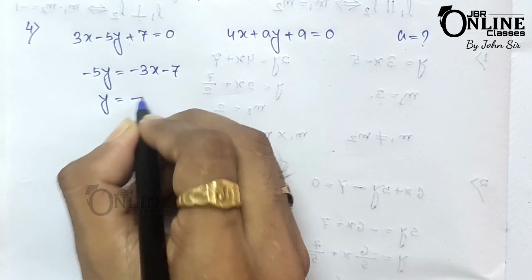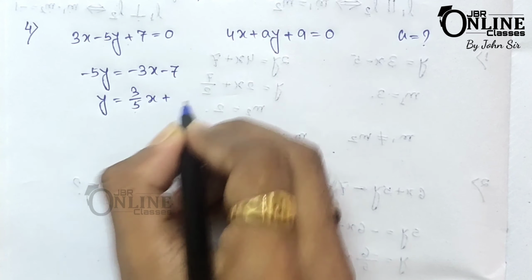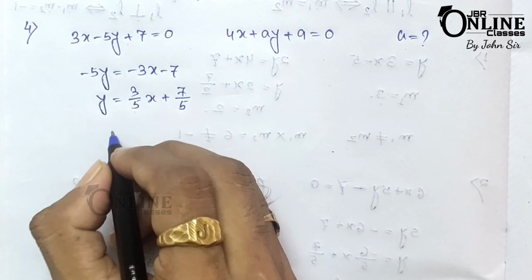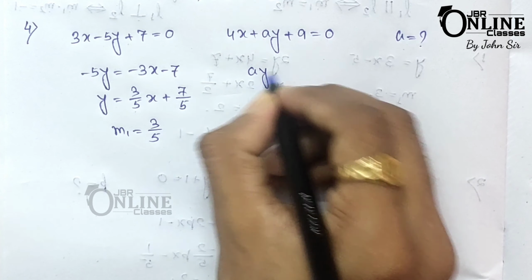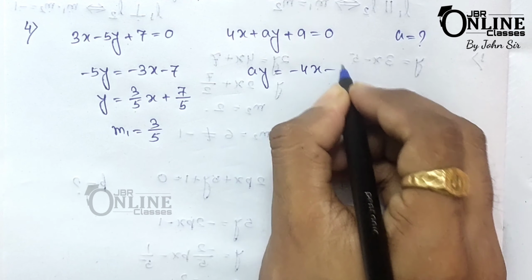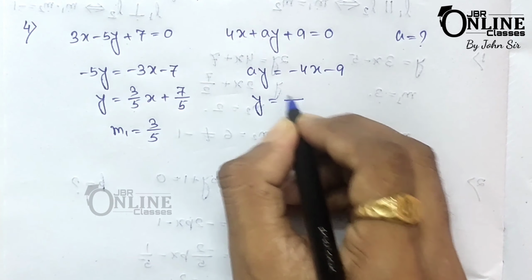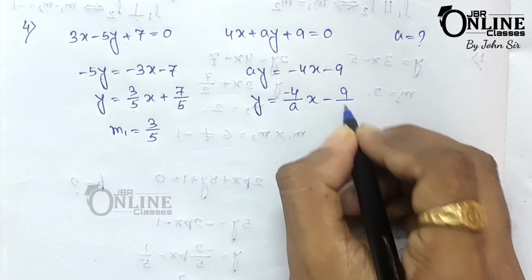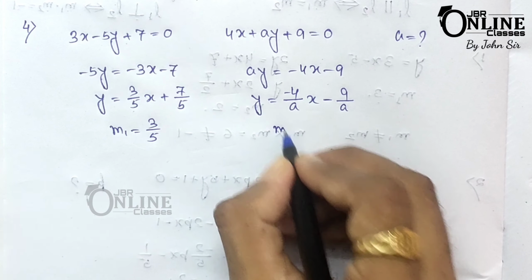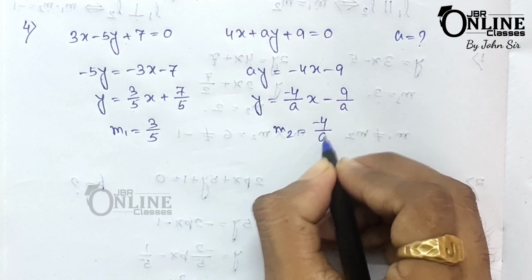So y equal to 3 by 5 x plus 7 by 5. So here m1 equal to 3 by 5, and here ay equal to minus 4x minus 9. So y equal to minus 4 by a x, then 9 by a. Okay, so here m2 equal to minus 4 by a.